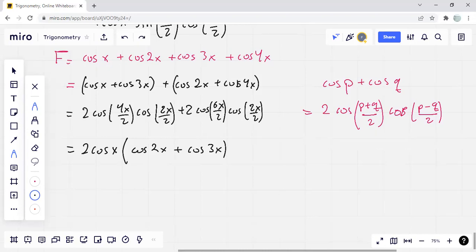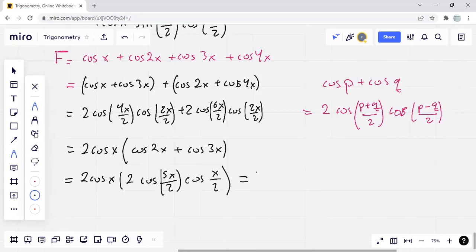So this will give us 2 cosine x, and this will also be 2 cosine of their sum over 2, multiplied by cosine of their difference over 2, so x over 2.